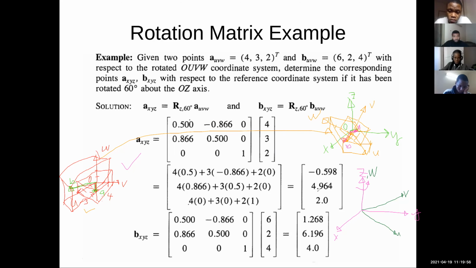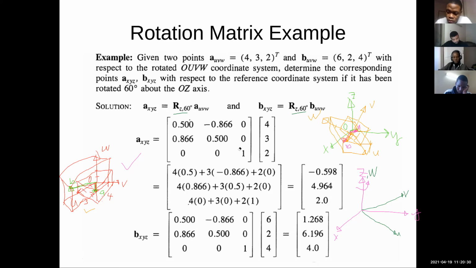So now the question is, with this kind of rotation, what is now your A with respect to X, Y, and Z? And also with this kind of rotation, what is now your B with respect to X, Y, and Z? So there's only one rotation. So we already discussed the basic rotation matrix with respect to the Z axis.